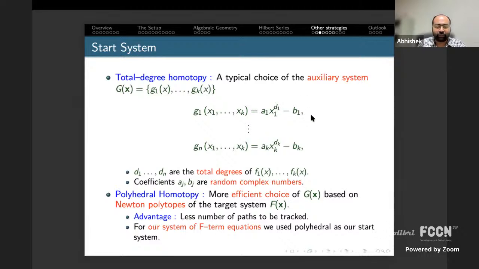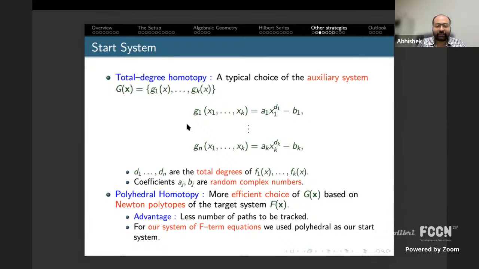The total number of solutions here will be d1 times d2 times d3 up to dn. You have to make sure that this product of all these degrees is greater than the expected number of solutions for the system F that we actually want to solve.